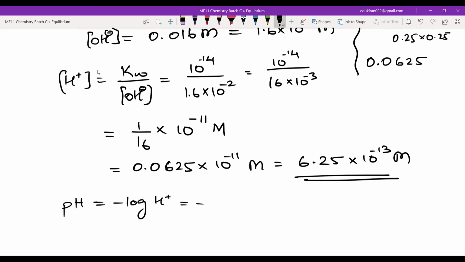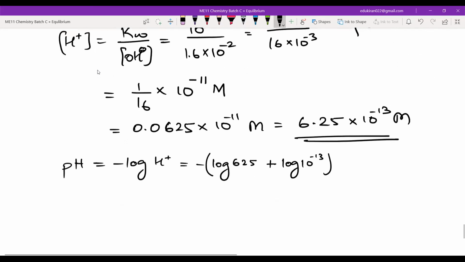So this will be equal to minus of log of 6.25, so you can directly write 625, and plus the log of 10 to the power of minus 13. Minus 13, you will have to add 2 more, so minus 15. Then the log of 625 we have to calculate. So it will be minus log of 625 minus 15.